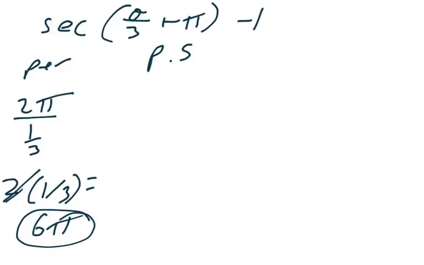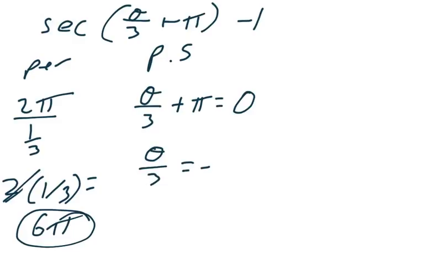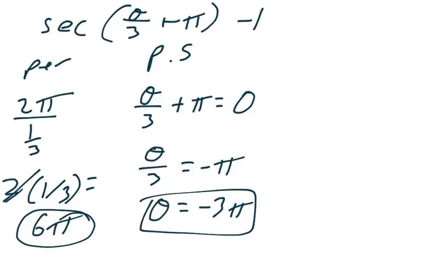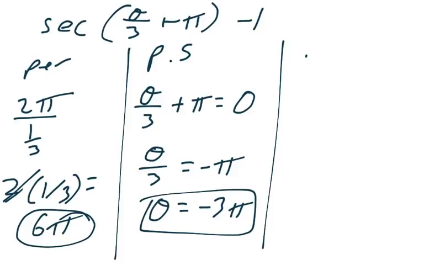The phase shift, theta over 3 plus pi is equal to 0. Theta over 3 equals negative pi. Theta equals negative 3 pi. The vertical shift is -1. Email me any questions that you might have about this.